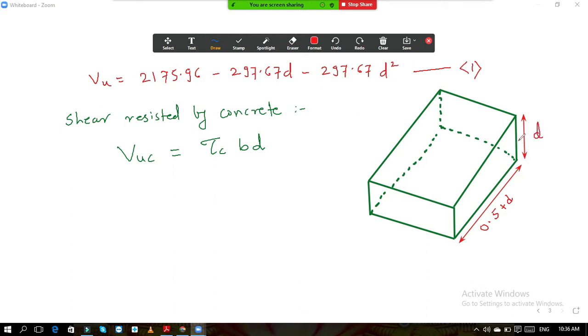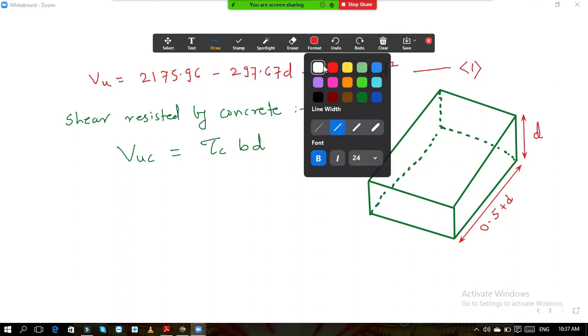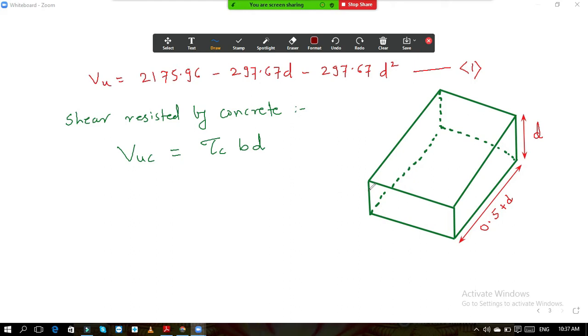Now what is the area which resists the shear force? That area I will show by hatching. So that area is this much of area, whatever I am showing in hatching. This is your punching area. This area will punch. Okay. So this area is your punching area. Similarly on the other two surfaces also. This area is your punching area.